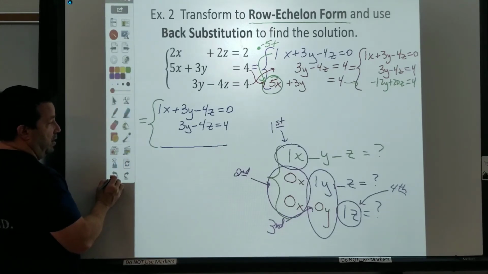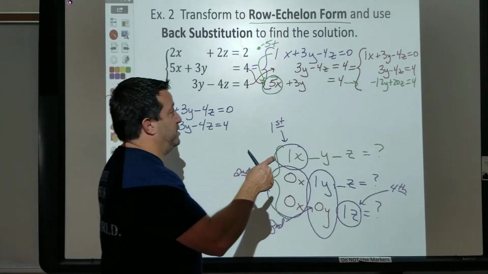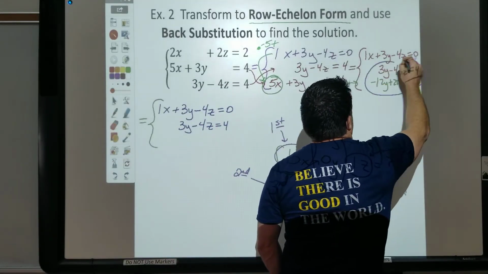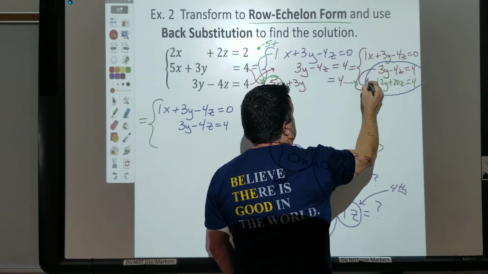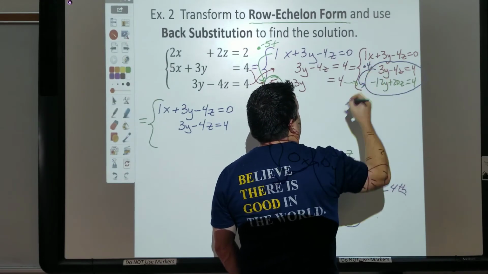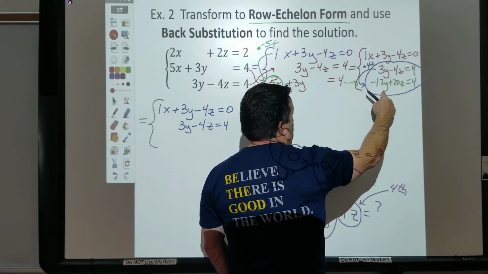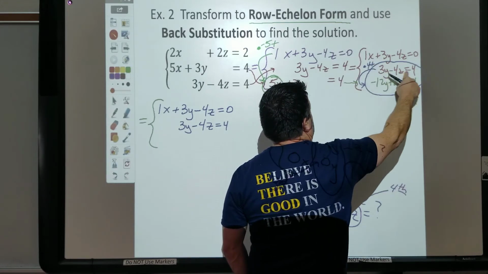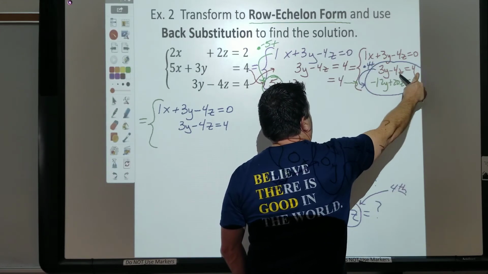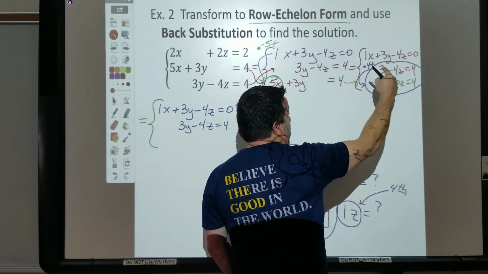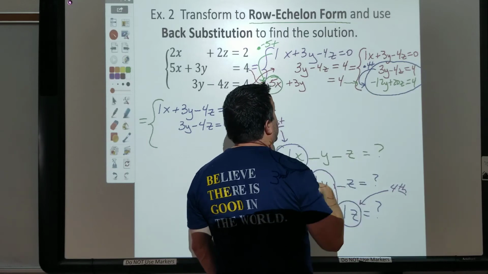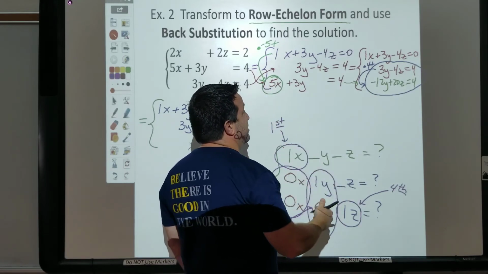Well, I am doing the elimination method with these two equations. I'm going to take this equation and multiply it by 4 and then add it to this one. I'm just temporarily multiplying this one by 4 and adding it to this one. Why multiply it by 4? Because that would make that a 12y. This is a negative 12y. I'm creating opposites. It is the elimination method.